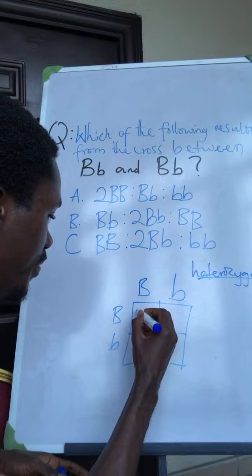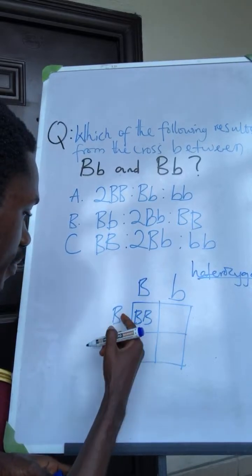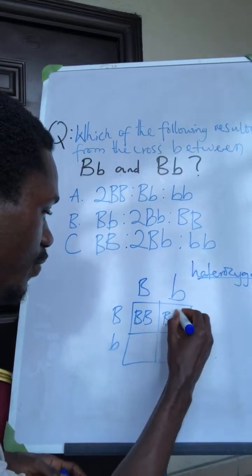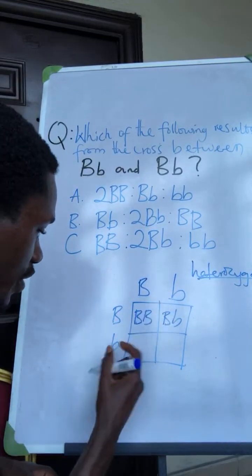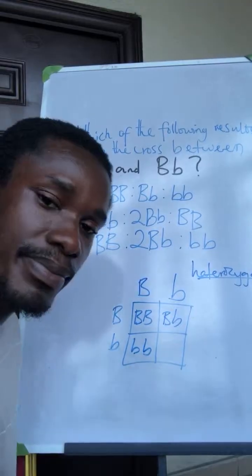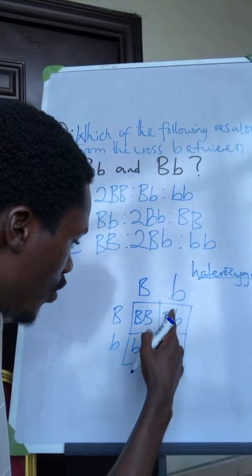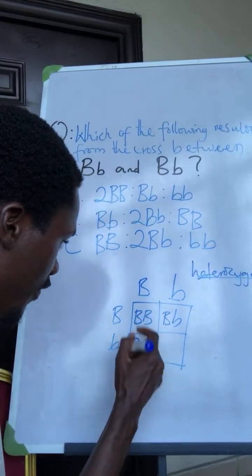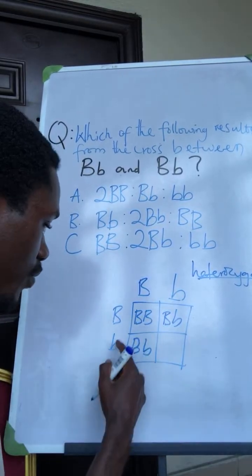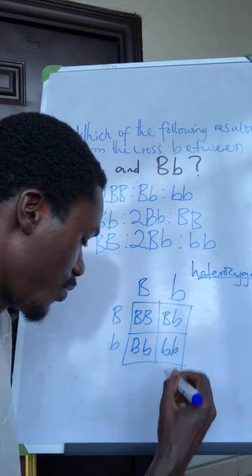So big B here, big B, and then big B, small b, this and this. I hope you're following. And then small b, we have small b. Okay, big B, small b, sorry, we'll have big B, small b, and then small b, small b.